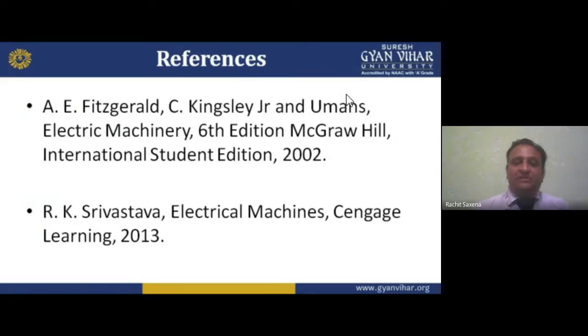Now, R.K. Srivastava is a very good book. I took so much from this R.K. Srivastava book on electrical machines. So you can go through the references. You can also study in our library. We have very good books available in our library.